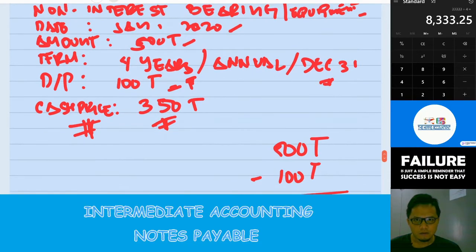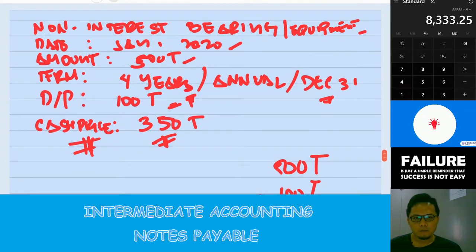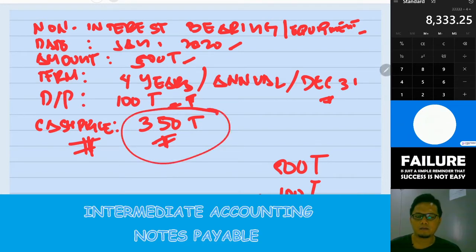The concept here is, if we purchase an equipment and incur a debt in exchange for a non-interest bearing note, the equipment is to be recorded at its cash price.